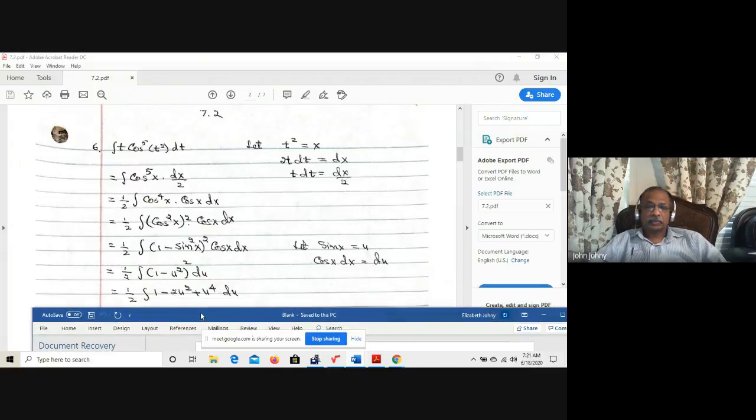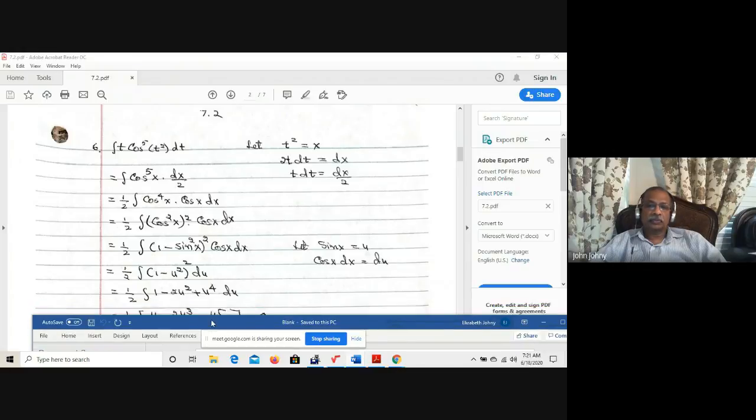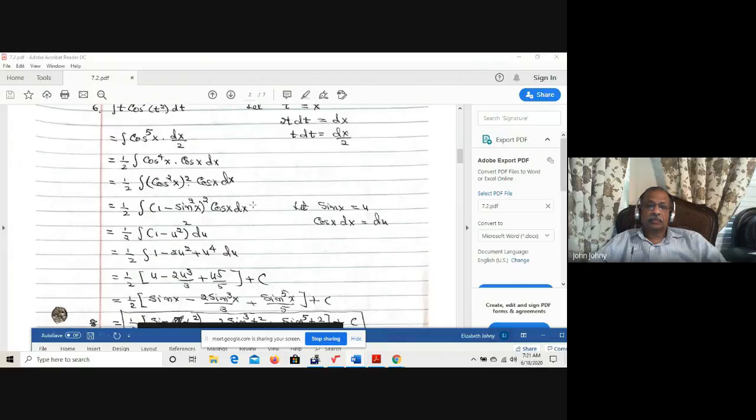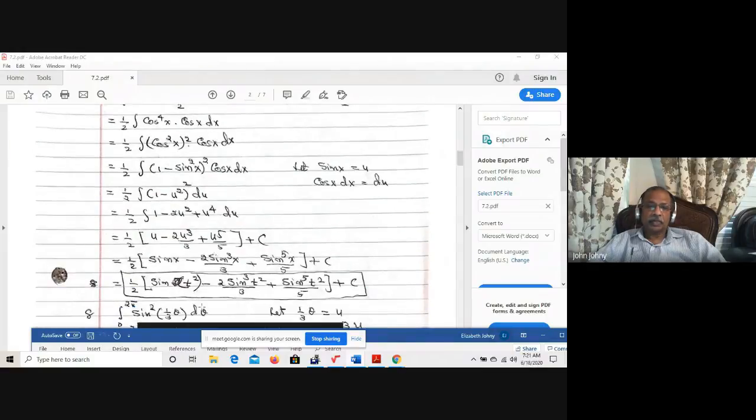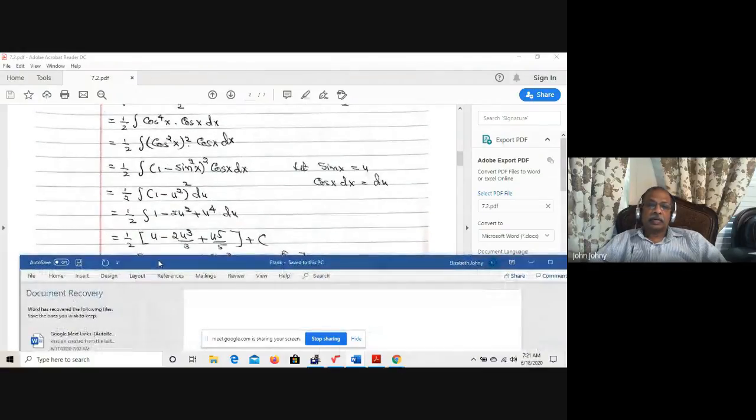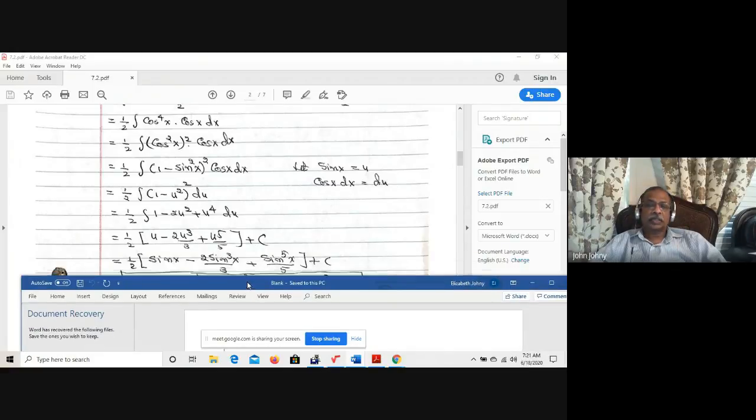That is equal to 1/2 integral 1 minus 2u square plus u to the 4 du, and that is equal to, you find the antiderivative. Antiderivative of 1 is u, so u minus 2 times u cubed over 3 plus u to the 5 over 5 plus the constant of integration, and now u is the same as sine x.